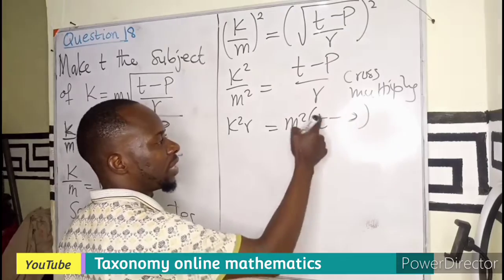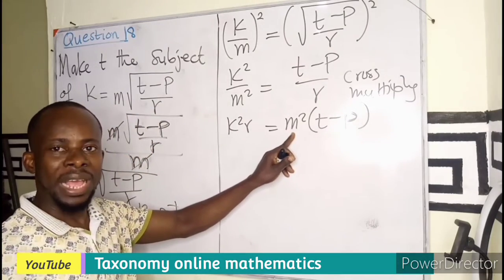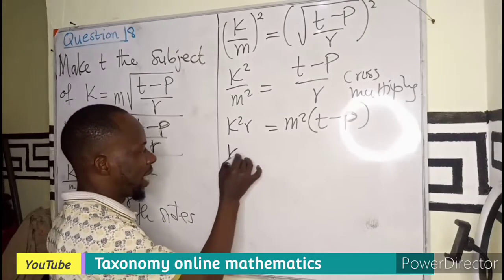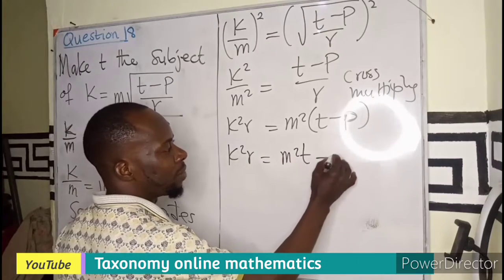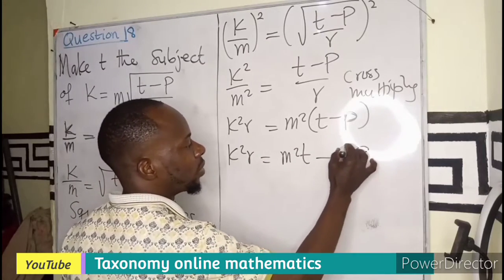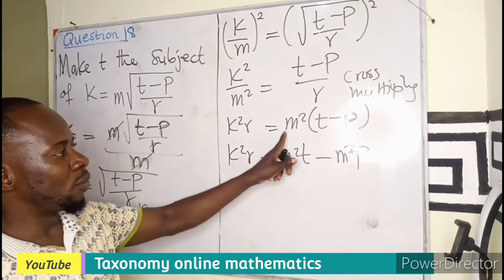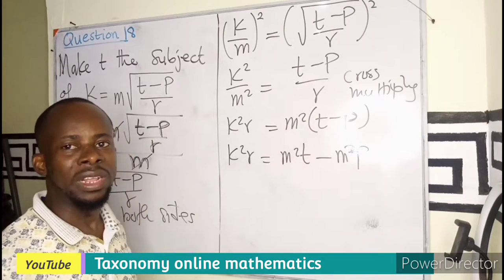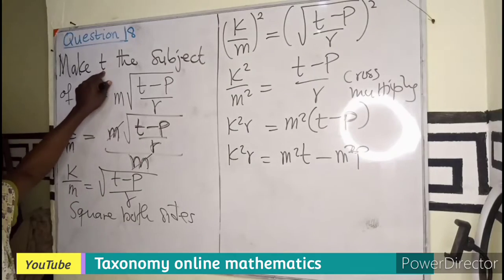This is our P, this is the T. So the M squared is going to multiply each term in order to open that bracket. So my K squared R equals M squared T minus M squared P. As in, if I am opening this bracket, the term outside the bracket multiplies each of the terms in the bracket.